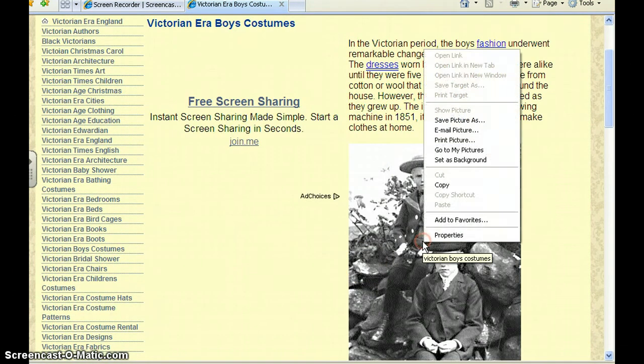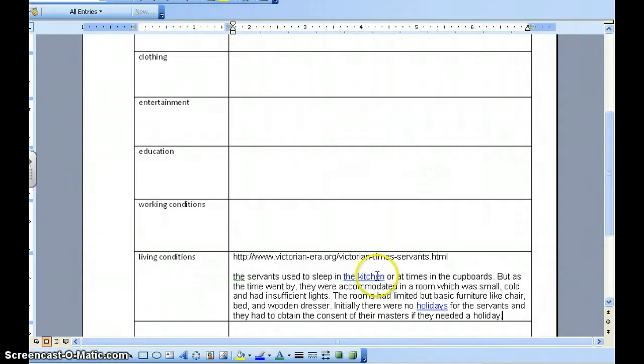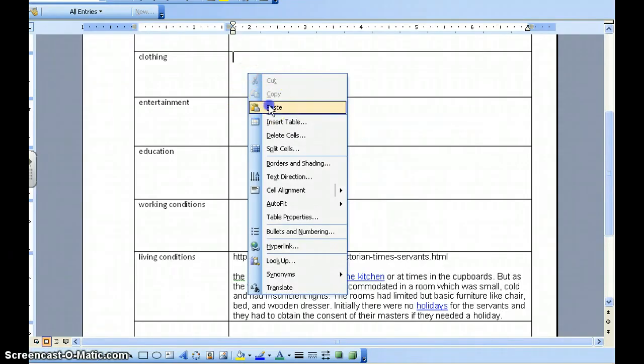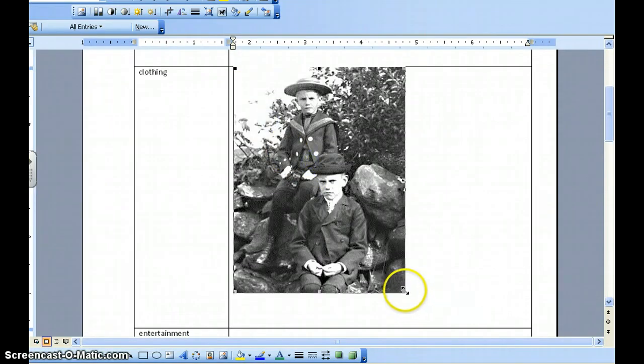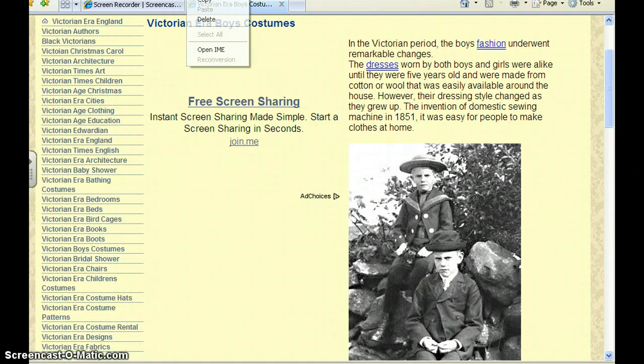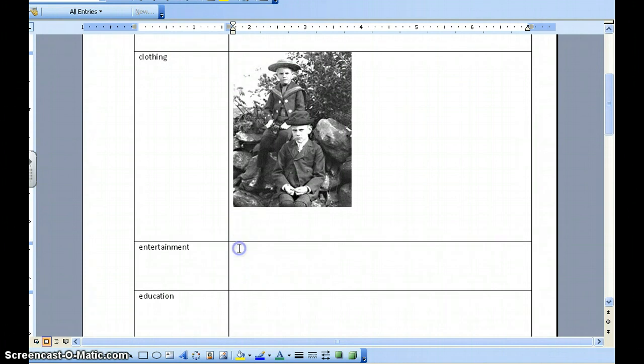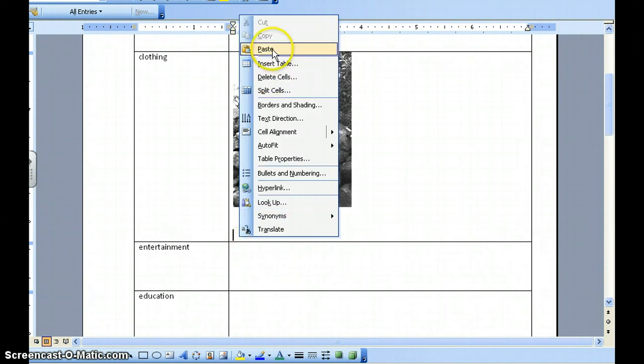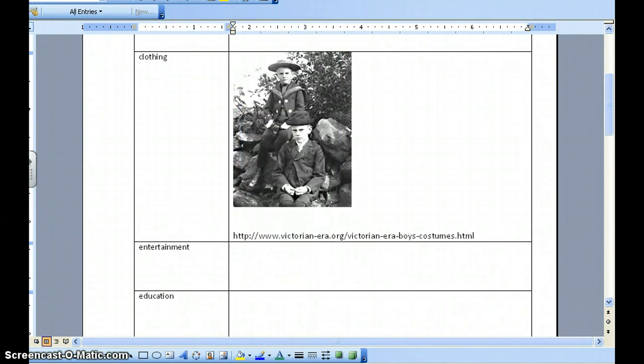If I find a picture that I'm going to use, I could put that in my chart under clothing. That might be a little bit big, so I can resize it. But again, since I took information from that page, I want to copy the URL in case I need to go back and document the information there.